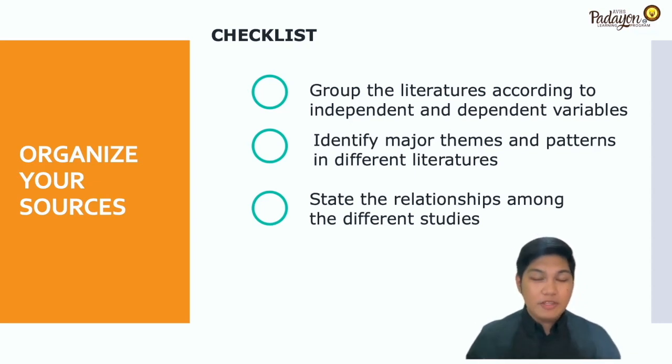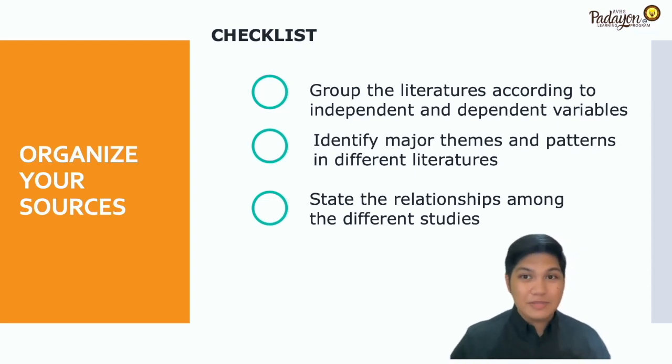Even though they came from different articles, at least they talked about how social media changed e-commerce. Okay, so it changed the customer's buying intention. It changed the business landscape. So the theme there would be change. So you will be grouping them into one narrative. That is what we meant by major themes and patterns in different literatures.